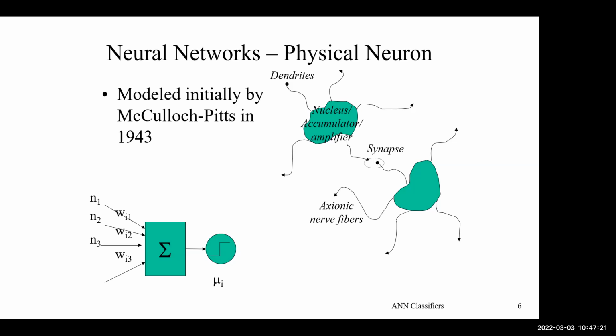Now, taking the 1943 simplified view, we put a whole bunch of data in. We scale them by weights. We add them all together. All the stuff coming in comes into one cell. And then, if we get enough coming in, we fire. Something comes out. Originally what came out was a 0 or 1.